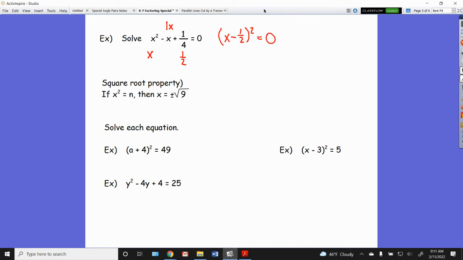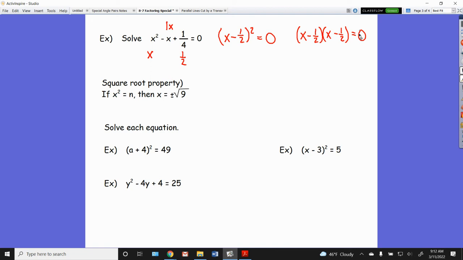Because it's equal to 0, if I bothered to expand this out and say x minus 1/2 times x minus 1/2 equals 0. Do you see how I would get the same answer here? Like x equals positive 1/2. Does everybody get that? Okay.